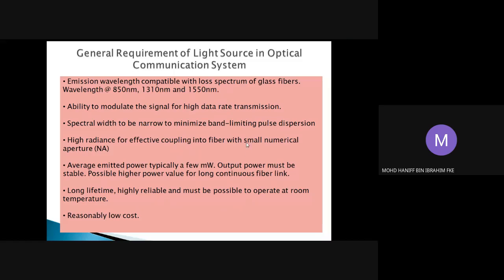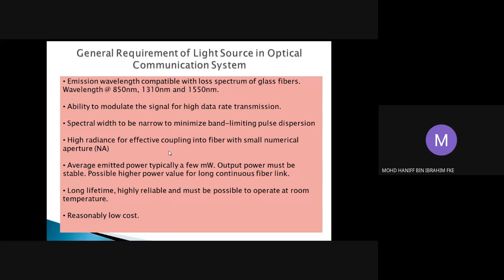We need to ensure that the spectral width of the light source is narrowed as much as possible. Number four, the laser source needs to have a high radiance, which is good for effective coupling into a fiber optic with a small numerical aperture.